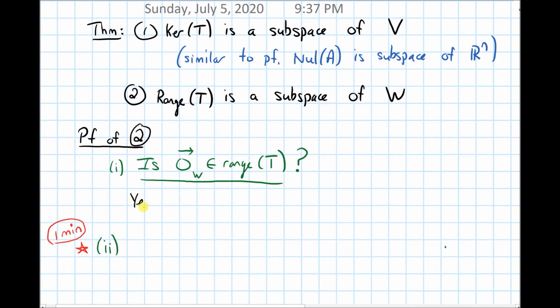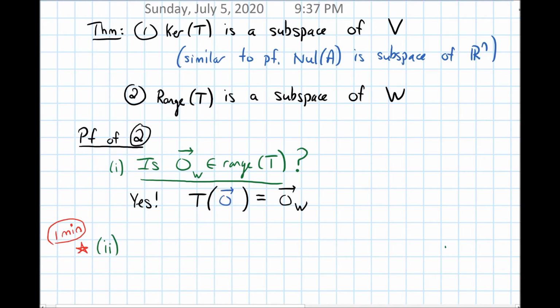And the answer to that is yes. Definitely it is, because there's something I could plug into my transformation to get out the 0 vector of W. What would I plug into my transformation to get out the 0 vector of W? Well, I would plug in the 0 vector.